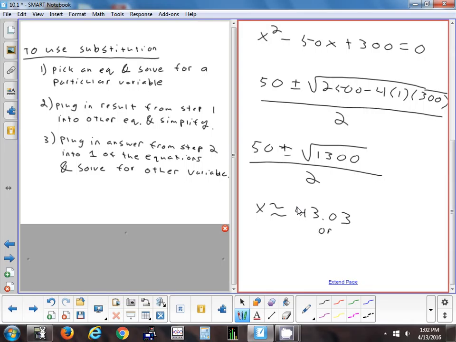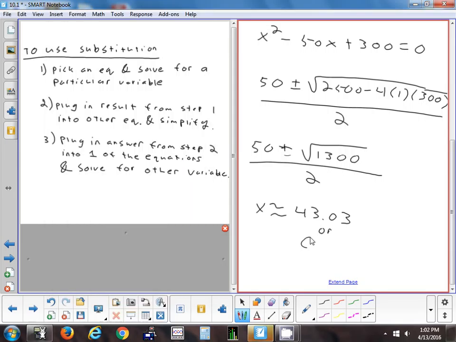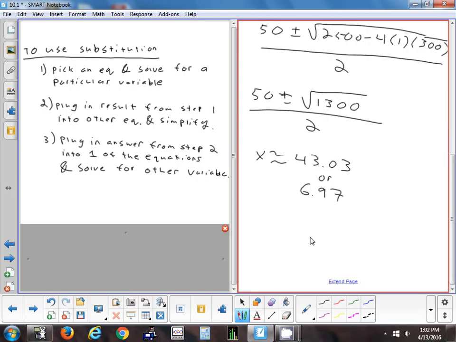Or, let's type it in as a minus. So 50 minus the square root of 1300, which is still positive, so we can use that. Divide by 2, so 6.97. Okay, those are my x values.